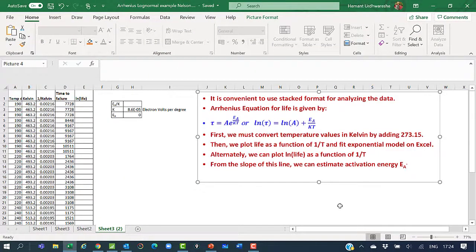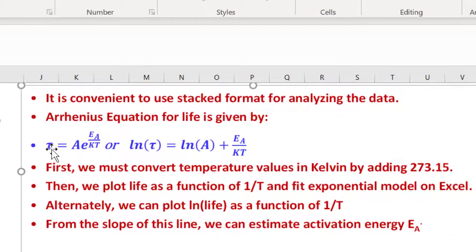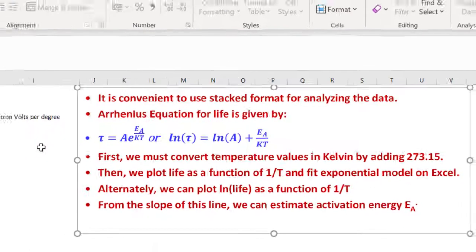I have just reproduced our previous discussion in this Excel file for reference, and we can see that the life is given by A into e to the power EA, that is activation energy, divided by K into T, or in the logarithmic form it is ln of tau is equal to ln of A plus EA upon KT.